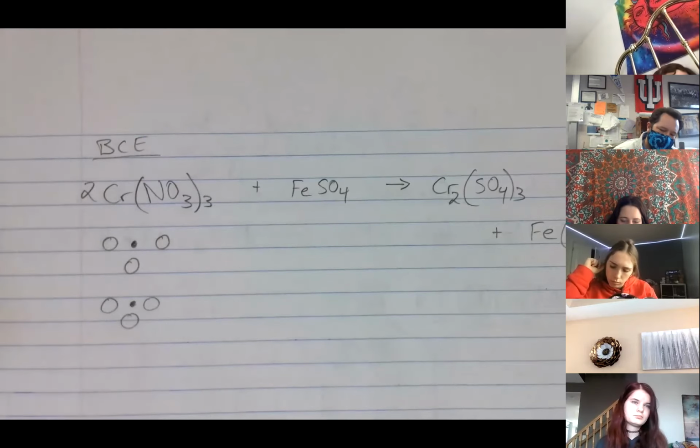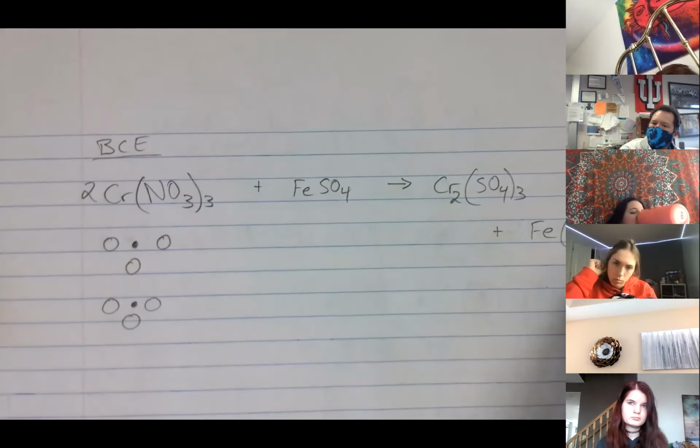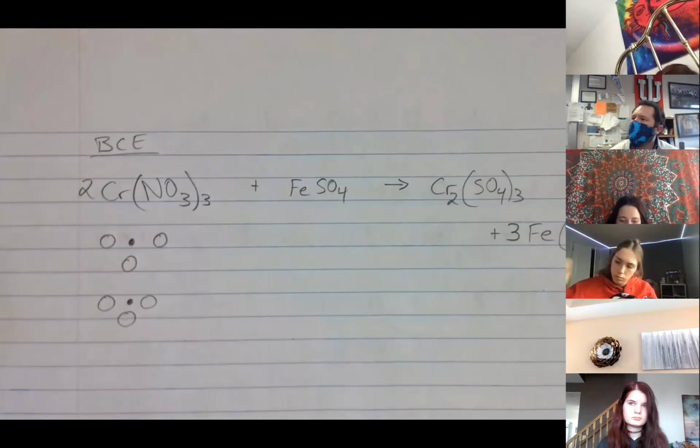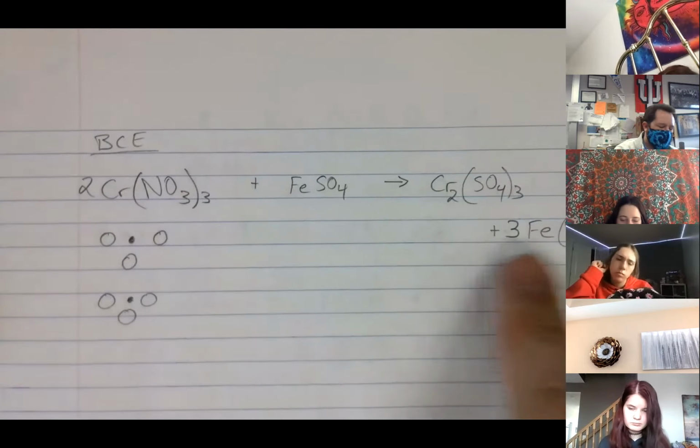6 nitrates. Come over here. Here's my nitrate. I've only got 2 of them. So to get 2 up to 6, I need to multiply it by 3. Now I've got my 6 nitrates.